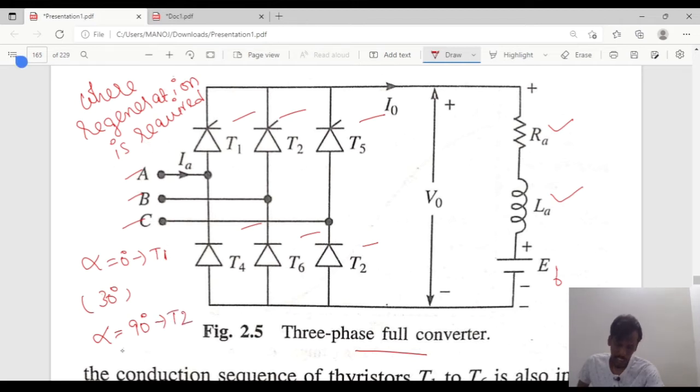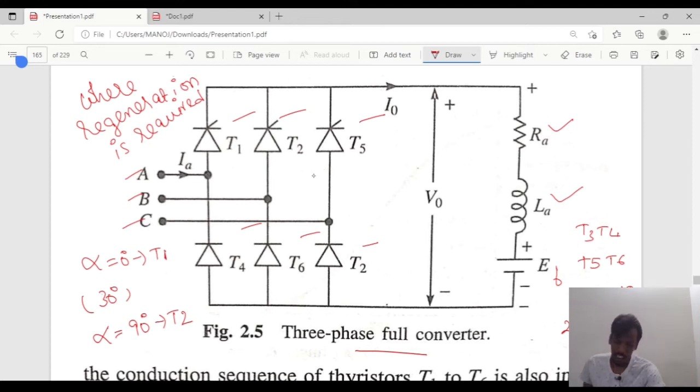Similarly, the other thyristors T3, T4, T5 and T6 are triggered at 150, 210, 270 and 330 degrees respectively. So these are the triggering angles.